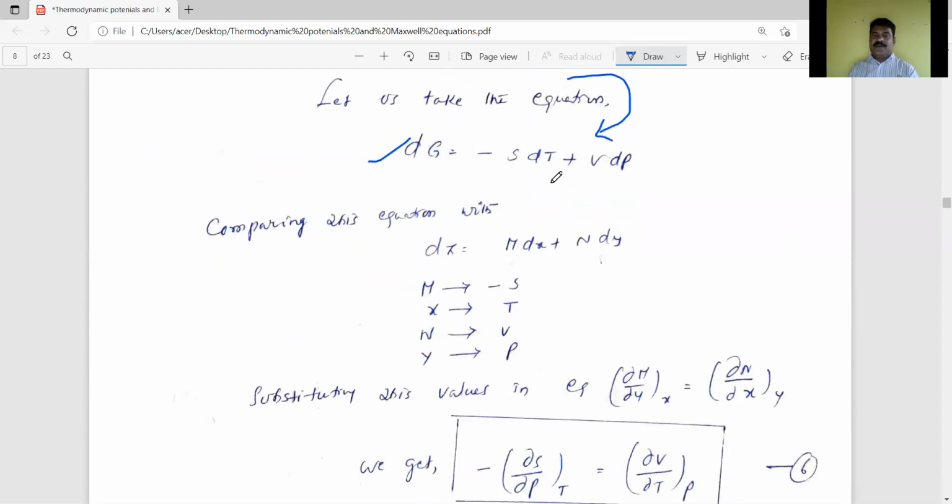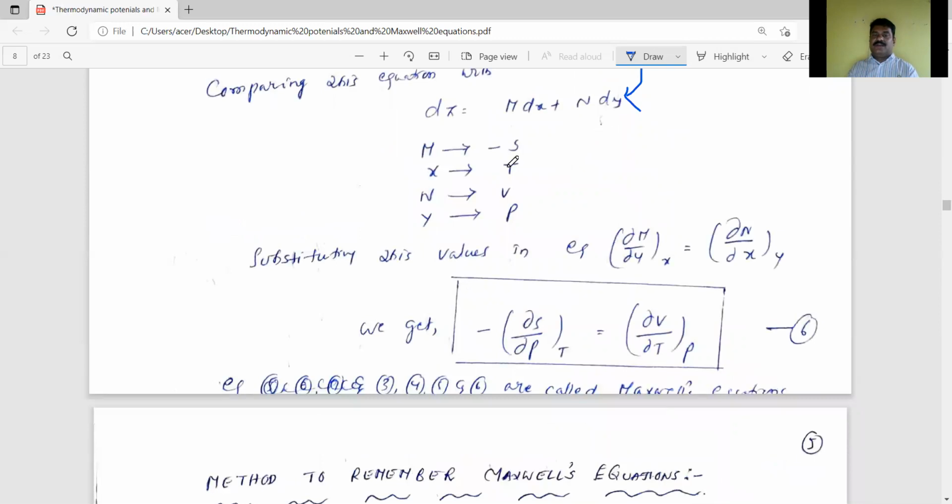So if you compare this equation again with the equation, what is that equation? Dz equal to mdx plus ndy. Okay, then you can get these variables in place of these variables.